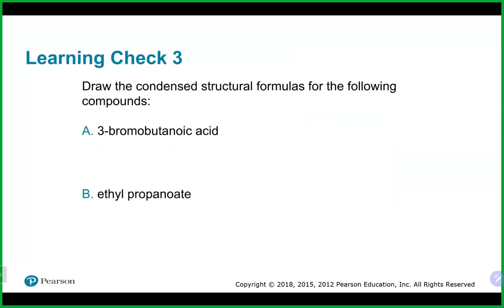All right, so draw the condensed formulas for each of these, and let me just add a few extra just for fun, maybe. Let's do 2-ethyl-3-chloropentanoic acid.